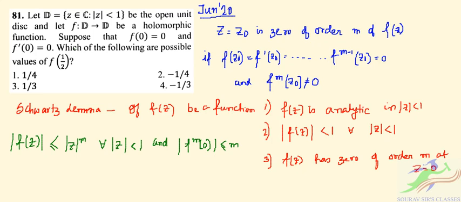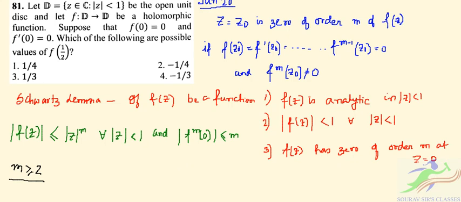So from here, in our case, f(z) has a zero of order m where m is greater than or equal to 2. It must be at least m greater than or equal to 2, since f has a zero at 0 of order either greater than or equal to 2. So to find the value of f(1/2), what we can do is put mod of f(1/2), which will be less than or equal to mod of 1/2 squared.